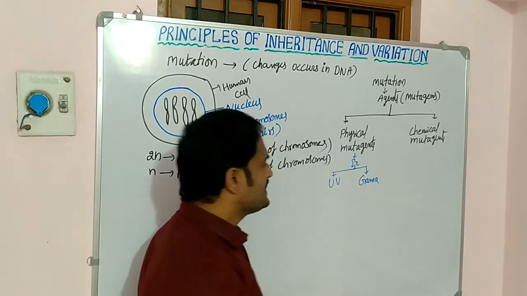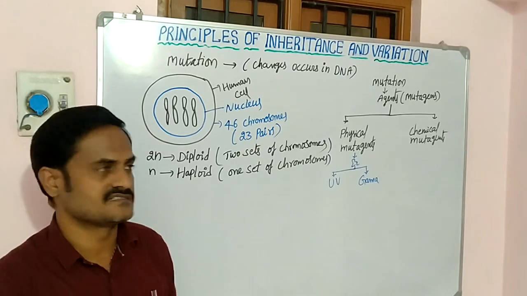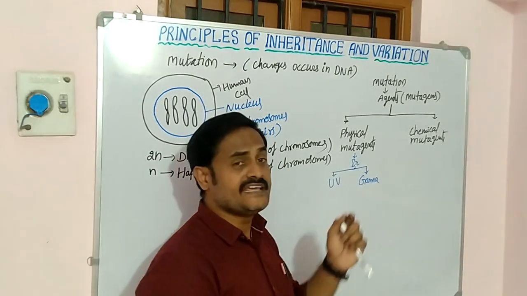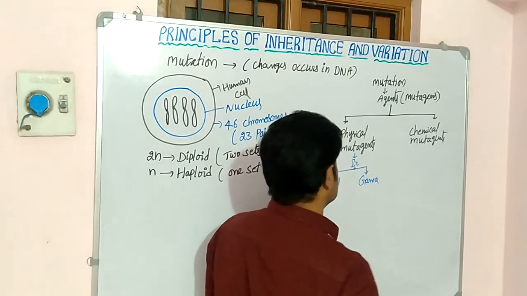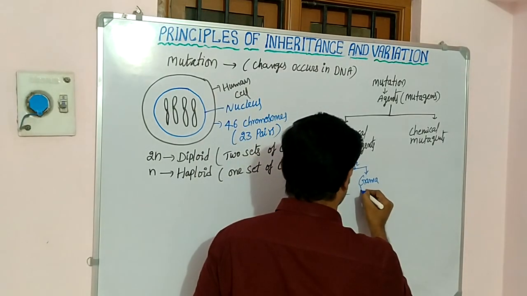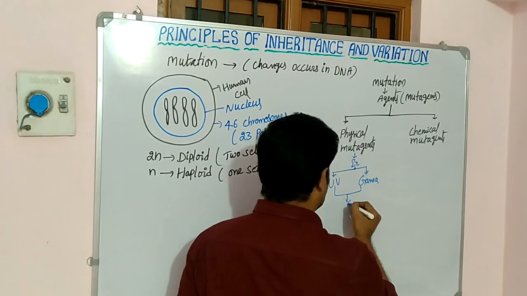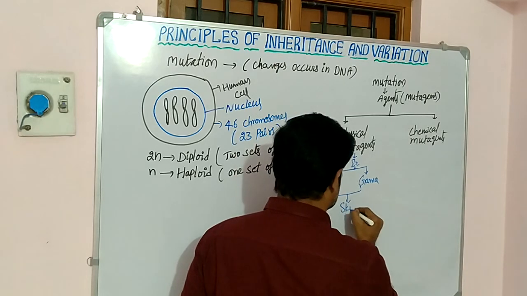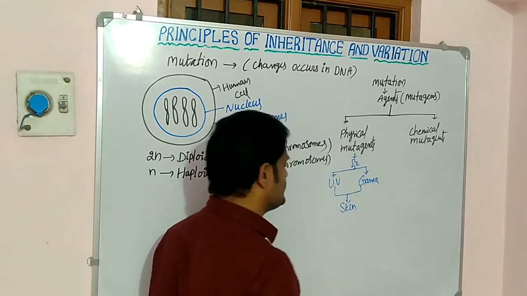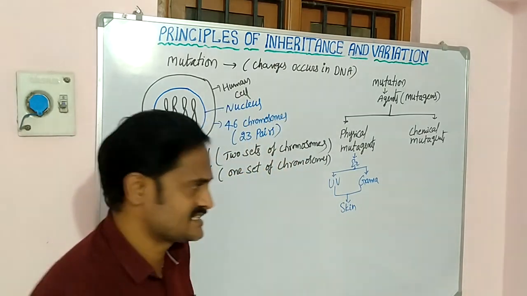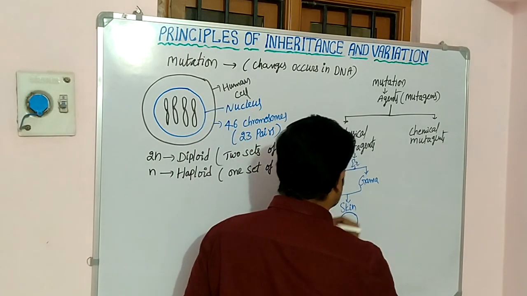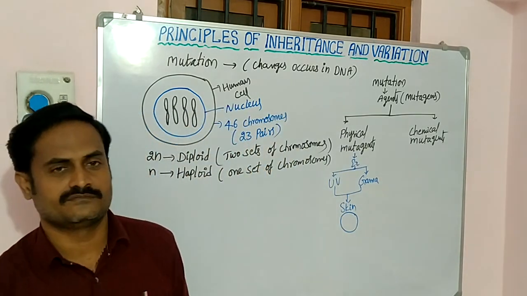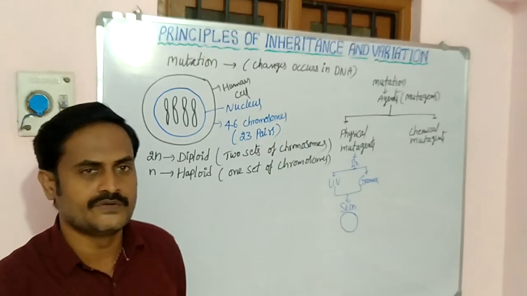UV rays and gamma rays are more dangerous to our skin. When UV rays or gamma rays penetrate and reach inside our skin, the normal cell gets a mutation.